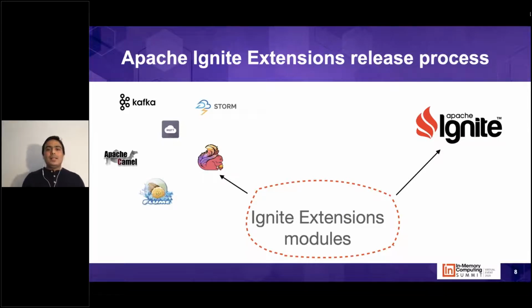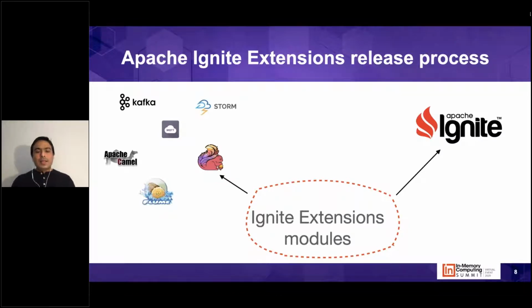Instead of releasing the whole Apache Ignite project together with all of its extensions, we can choose to release just the Flink module. So the Ignite Flink extension will be released as a separate module as and when new changes come in.